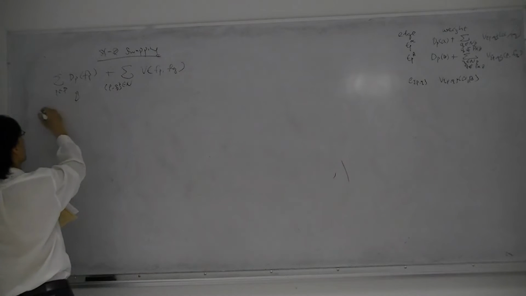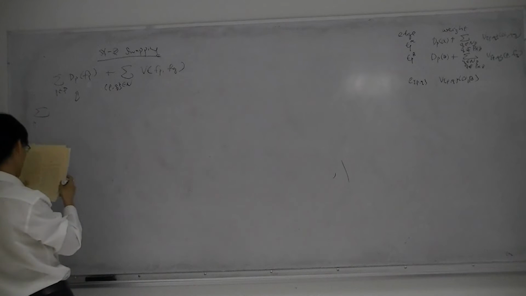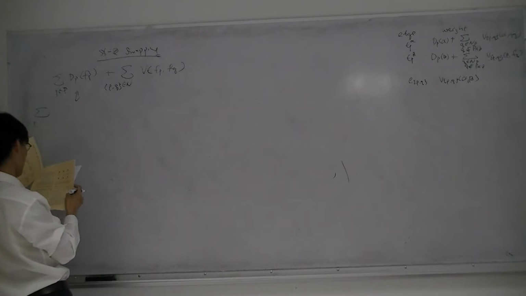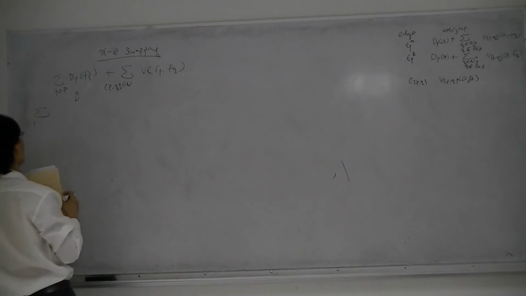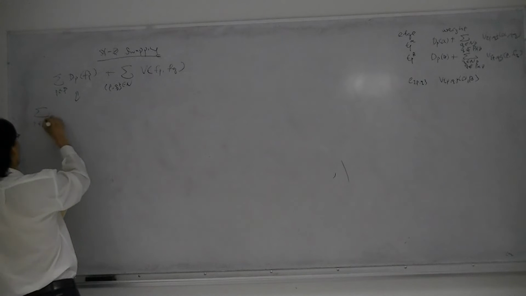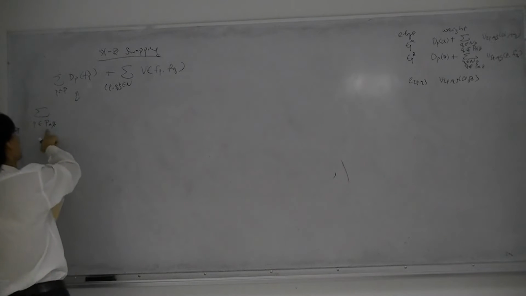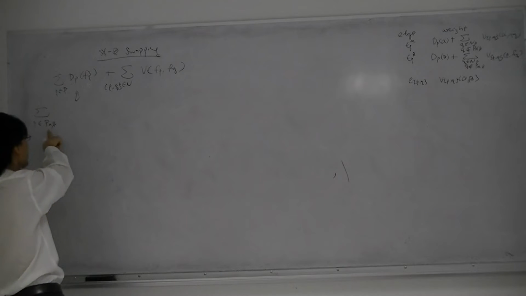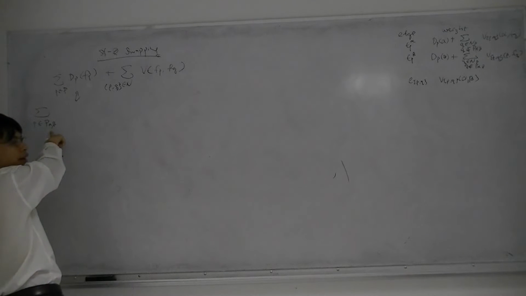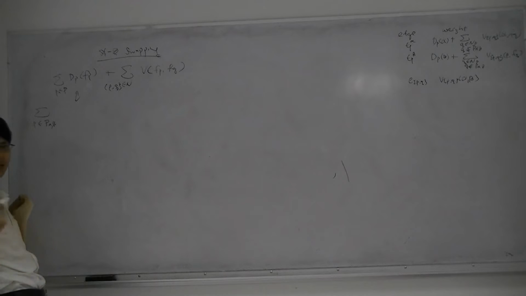Let's just look at this part first. The notation for that is P alpha beta, corresponding to the set of pixels that have labels alpha and beta for the moment.